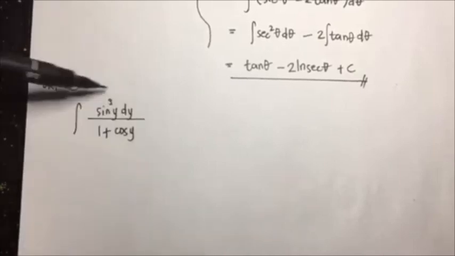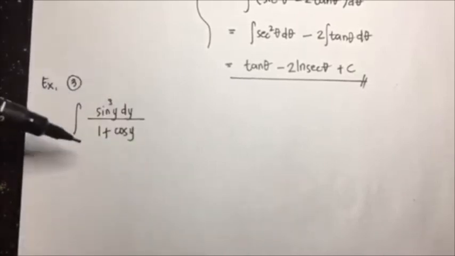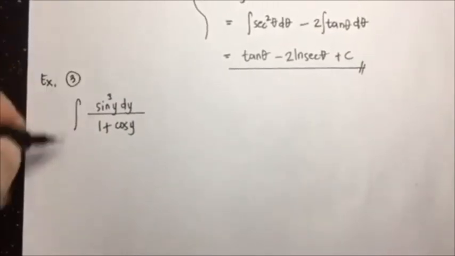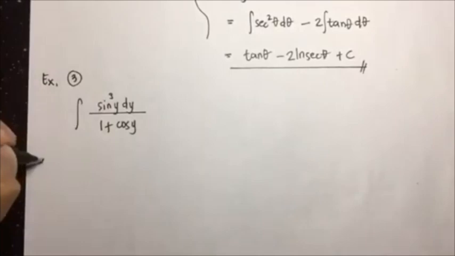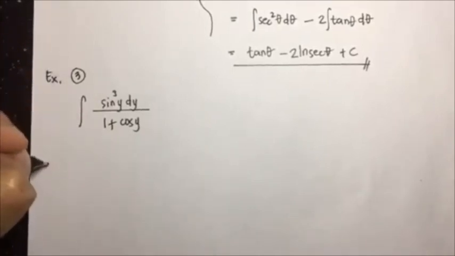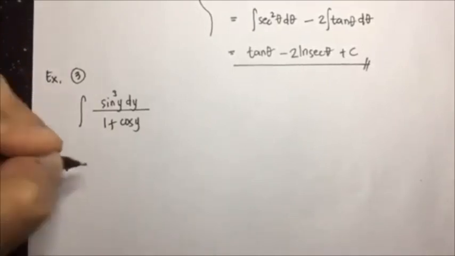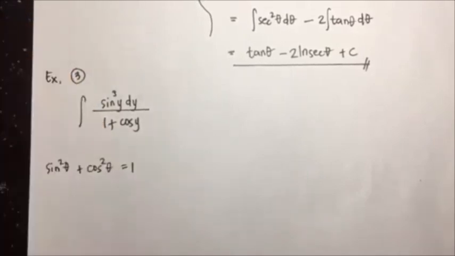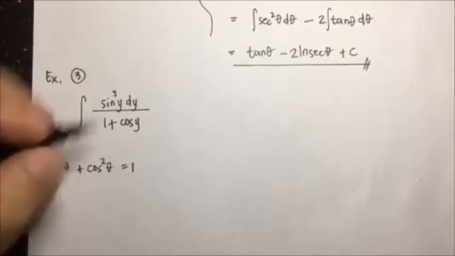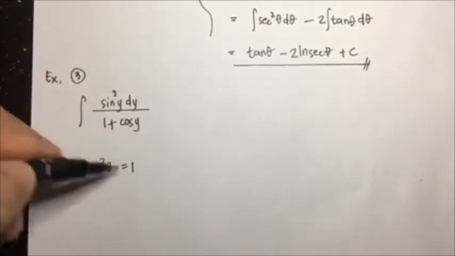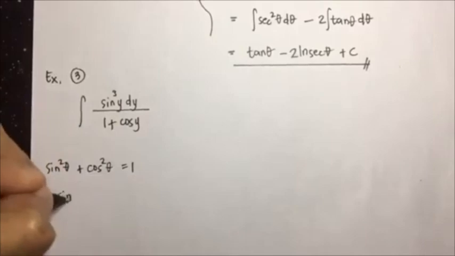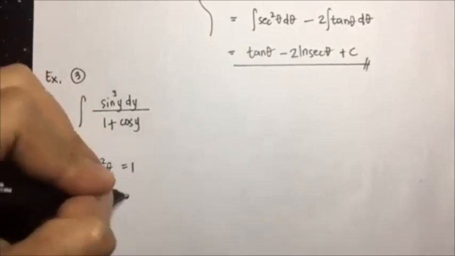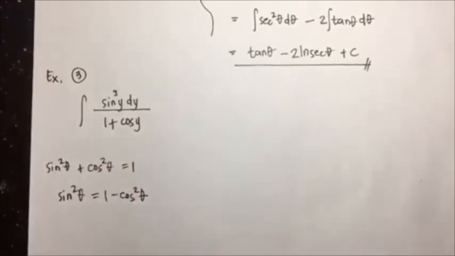Here we will apply the identities, especially for sine and cosine. We know from the identities that sine squared theta plus cosine squared theta is equal to 1. Transposing cosine squared to the other side, we will have sine squared theta is equal to 1 minus cosine squared theta.